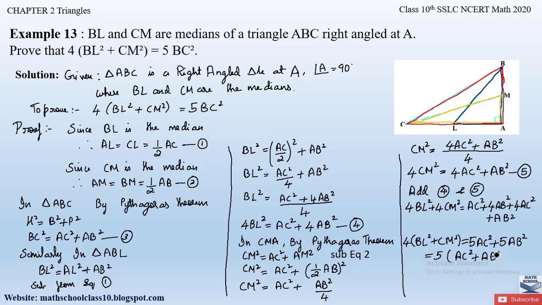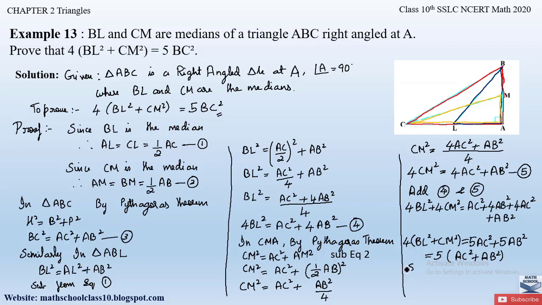Right? So the left hand side we have already got, that is 4 into BL square plus CM square, but on the right hand side we have to obtain 5 BC square, but here we have 5 into AC square plus AB square. So if you see the value of BC square from equation 3, it is equal to AC square plus AB square. So we are going to substitute equation 3 here.